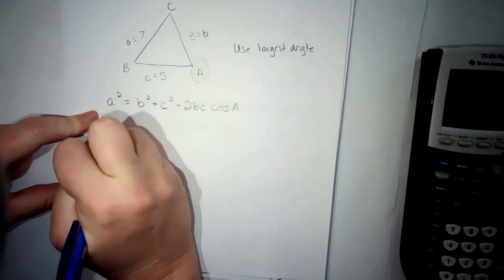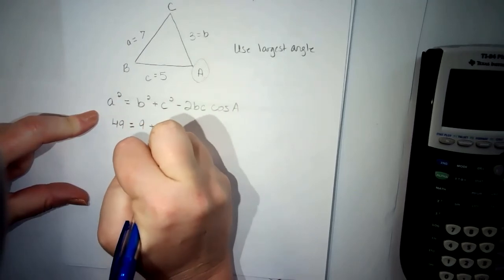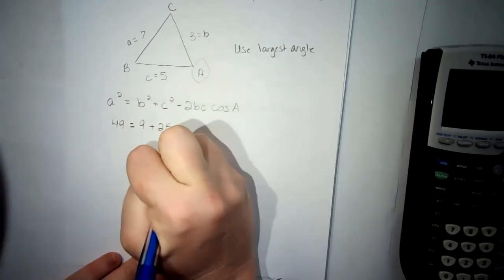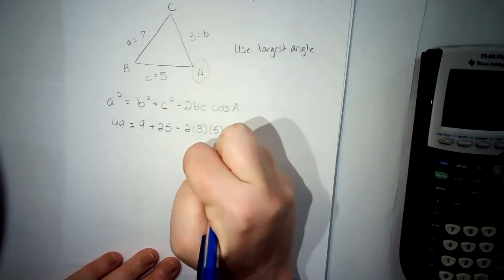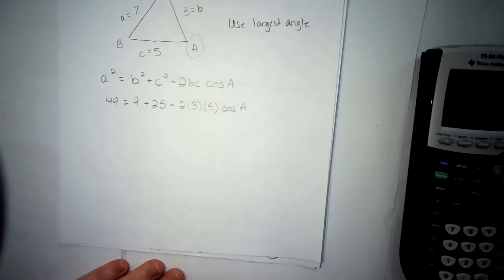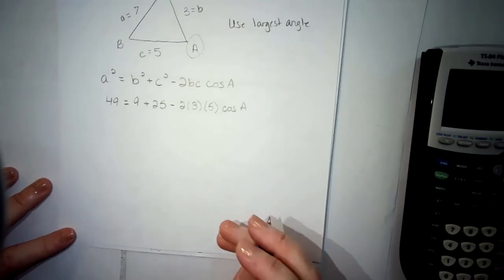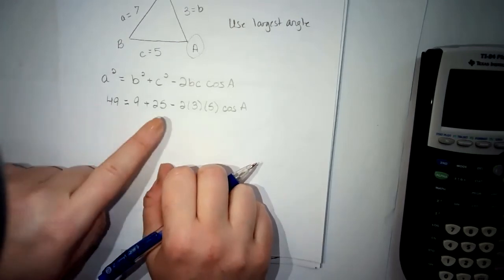So a squared is going to be 49. B squared is 9. C squared is 25. Minus 2 times 3 times 5 times the cosine of A. Okay. Let's see, if I do 49 minus 9, I get 40.